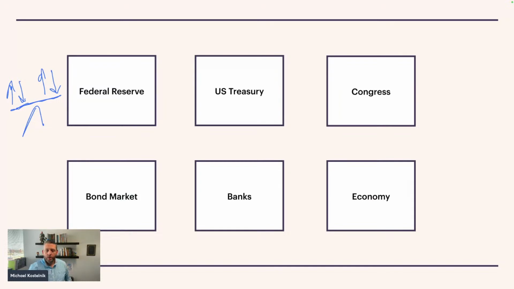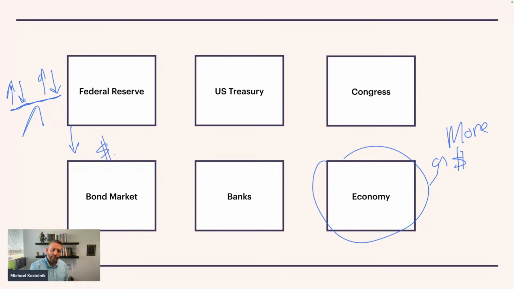Here's why. The way the economy works is as it grows, there's more money in the system. So we end up with more money. The Federal Reserve wants to decrease the supply of money, which will in turn cause the value of money to go up. So the way they do that is they sell bonds, taking the money from the bond market to the Federal Reserve.